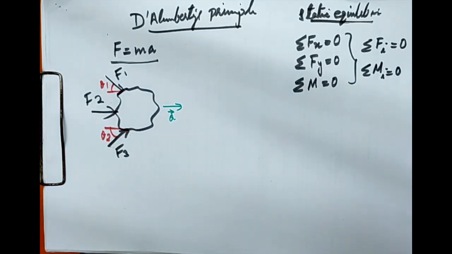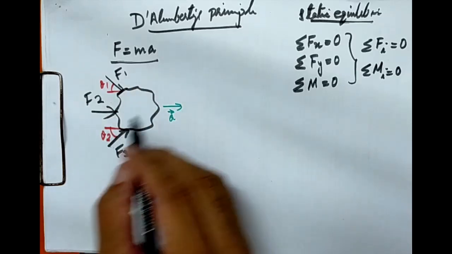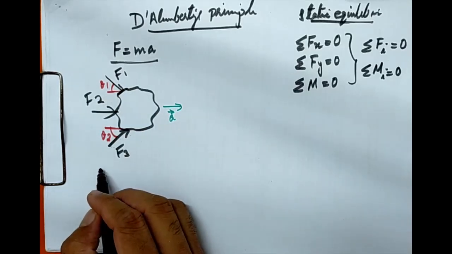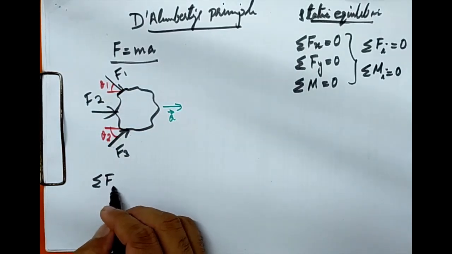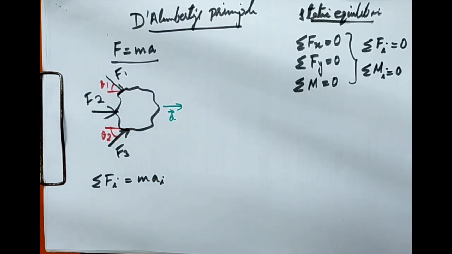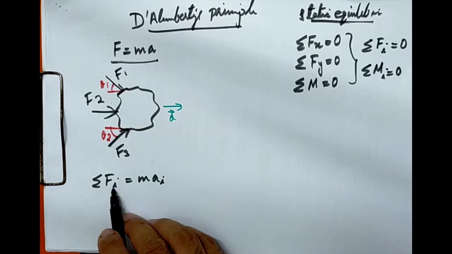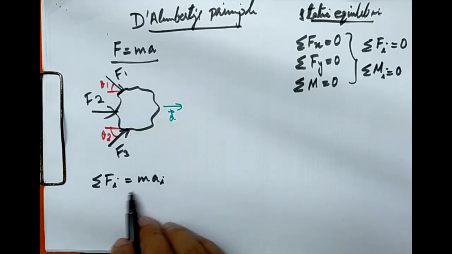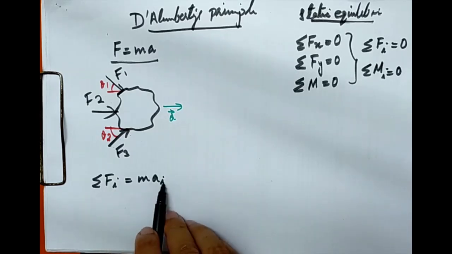So if we want to write D'Alembert's equation for this particular condition, it basically says that F equal to ma, where F is the net external force. We will be writing this equation as sigma Fi equal to m ai, where Fi is the net force in any arbitrary direction i, m is the mass and ai is the acceleration in the same arbitrary direction which we chose, i.